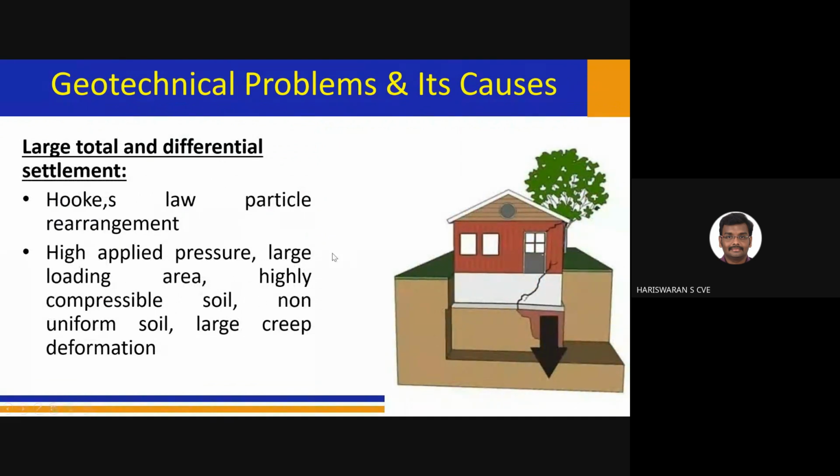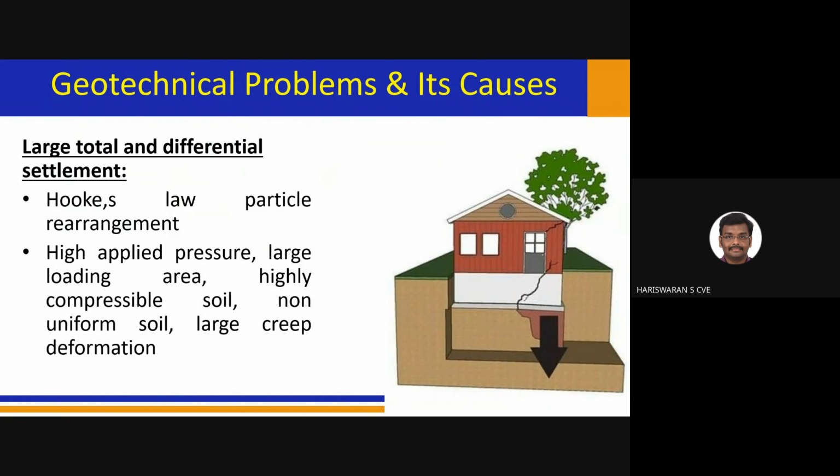The next is called large total and differential settlement. If we are going to construct a structure, we always expect the subsoil to have a uniform thickness of the same type of soil. But in reality, it is not easy to achieve such homogeneous soil.